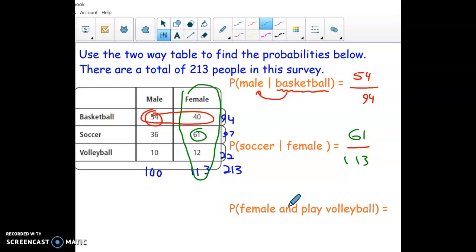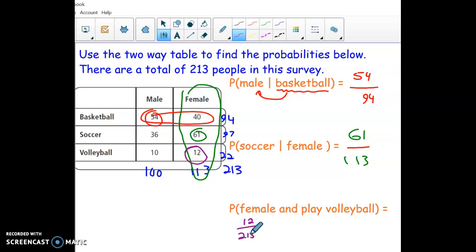Okay, so for an "and" one, I think what gets tough here is students want to do the formula, but it does not work here because that's for independent events, and these are dependent events. So the better way is just to say, okay, female and volleyball, where are the female volleyball? That's these 12 people. That's the top number, and there's no given, so we're looking at everybody.